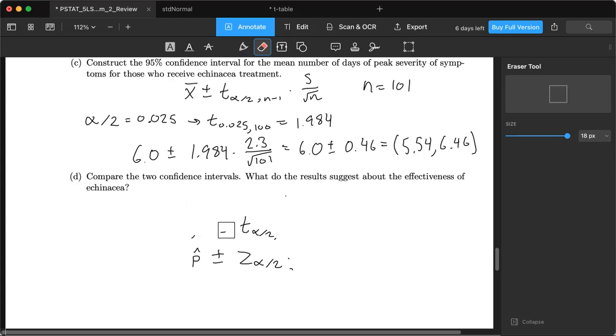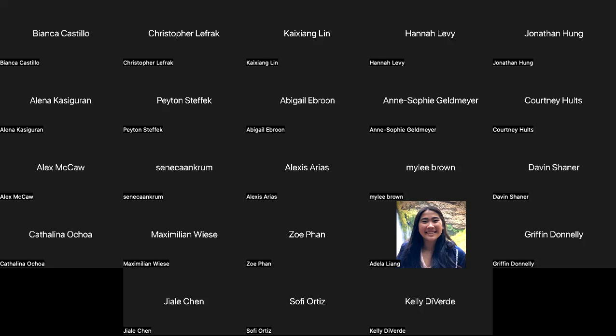So we compare these two confidence intervals. What do they suggest about the effectiveness of, oh no. I just accidentally exited out. That's not good. Give me one moment.